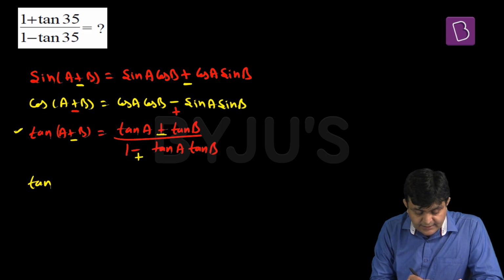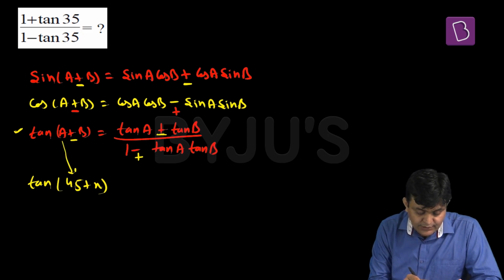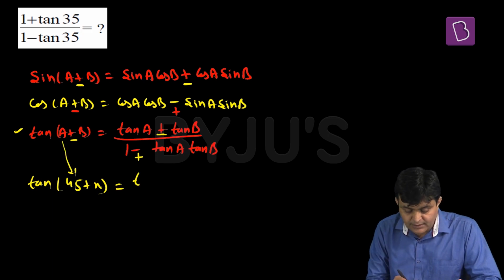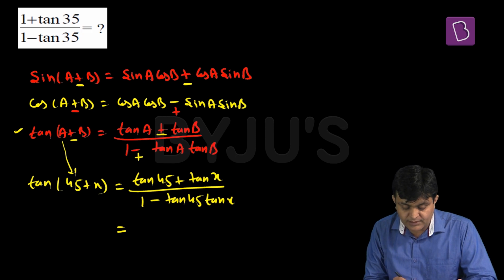Say tan 45 plus x. A means 45. This becomes tan A plus tan B divided by 1 minus tan A and tan B. So it becomes, tan 45 is 1.